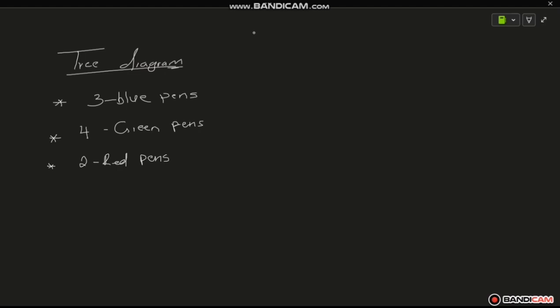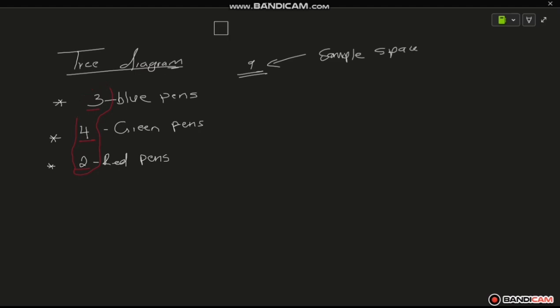But the 3, 4, and 2 are favorable outcomes. When we add all of them, they must give us 9 as our sample space. So this 9 is a sample space, but 3, 4, and 2 are just favorable outcomes.